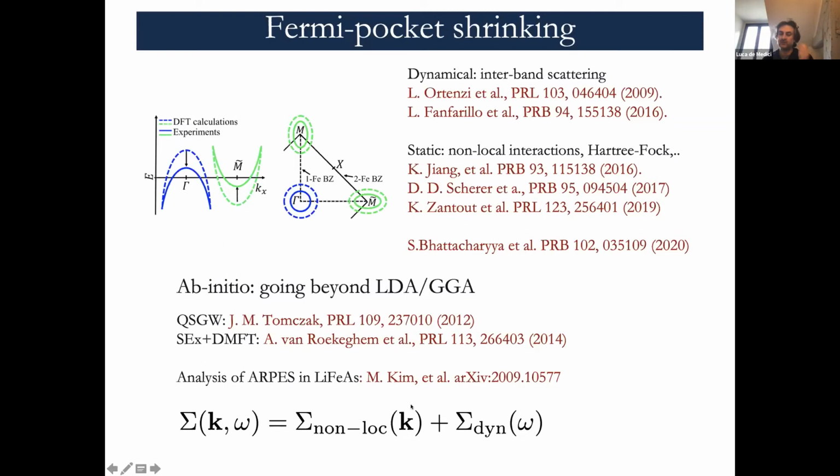So what we would like to show is that still, by doing the non-trivial decoupling of dynamical interaction, which are dependent on omega but not on k, once you have the right non-local static Hamiltonian, this yields good agreement with experiments.